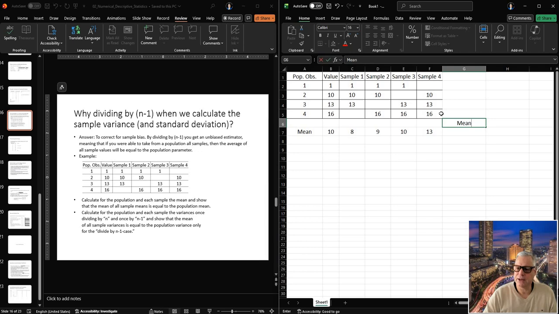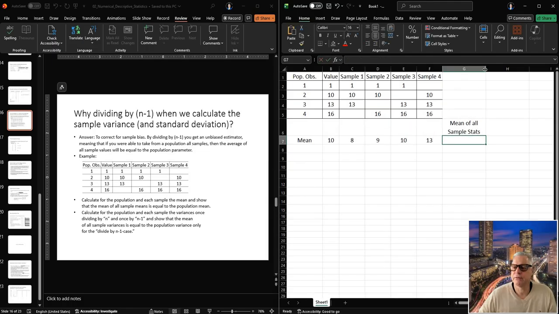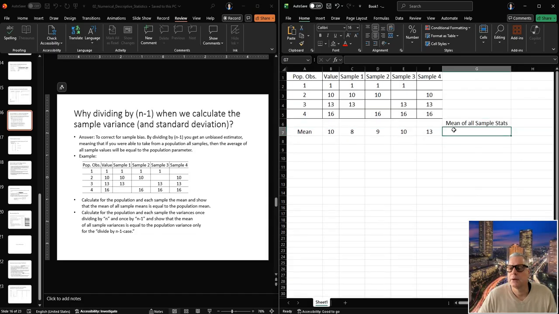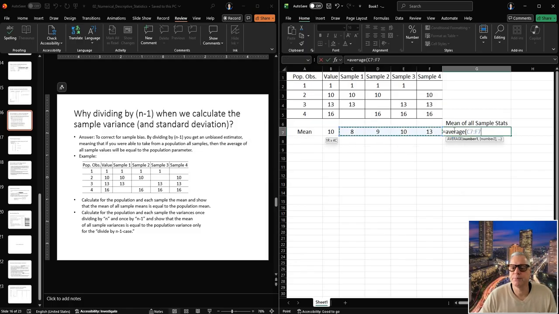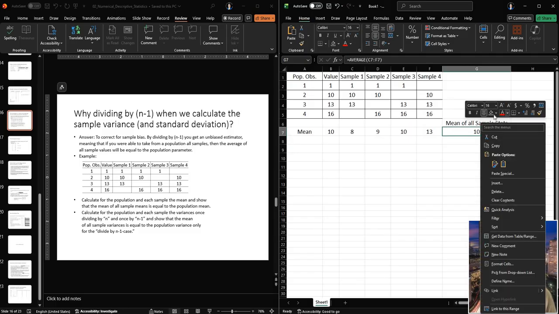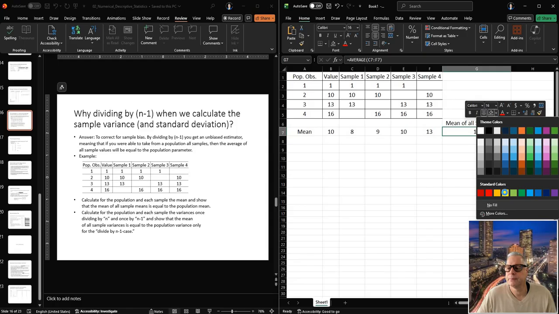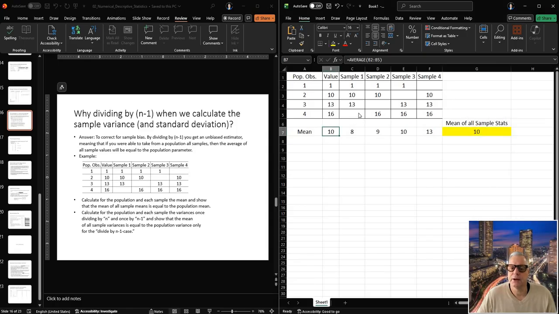If I take the average of all possible sample statistics, you see that is equal to the true population mean. So that 10 is the same as this 10.